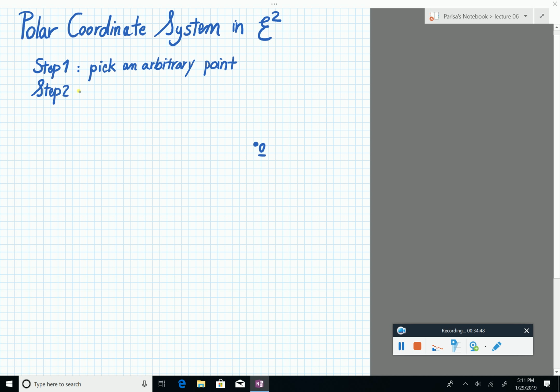Then the second step is I pick the point I want to represent in this coordinate system that I'm about to define. Now I want to define the coordinates. One coordinate, I define very simply.